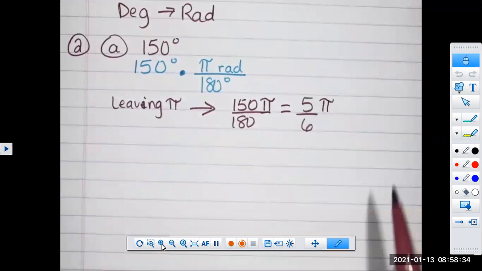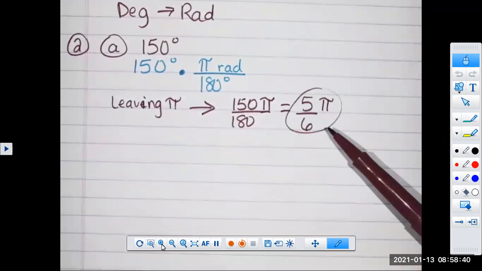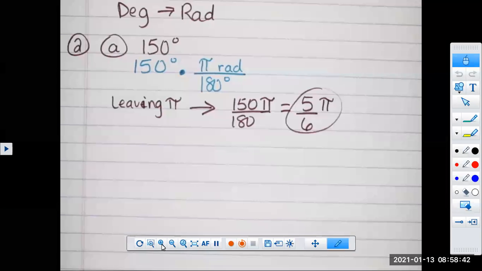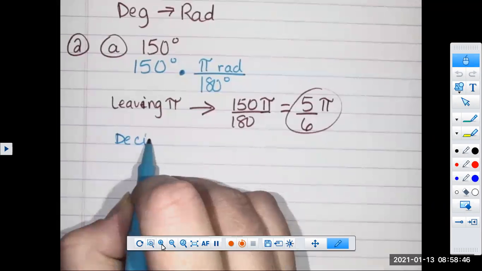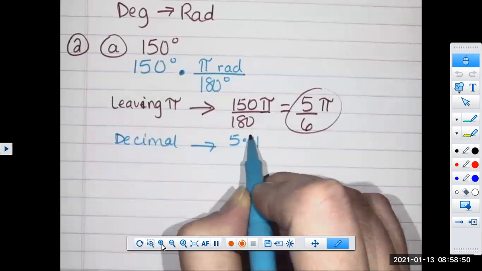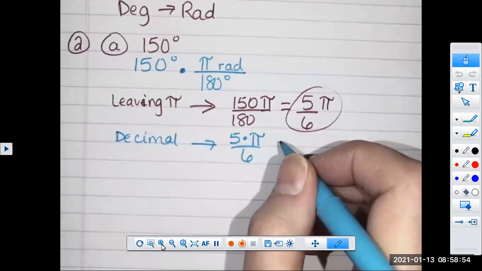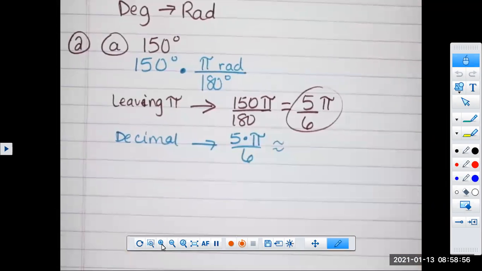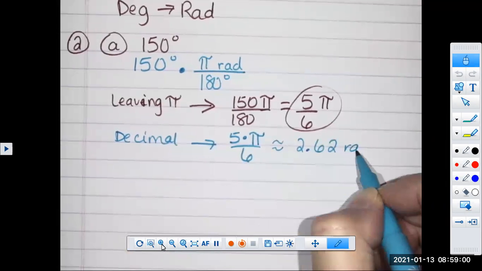There you go. So that's if you leave it in terms of pi, and this is the way you'll see it. 5/6 pi. If they want you to leave it as a decimal, then you will type in 5 times pi in your calculator, divide it by 6, or 5 divided by 6 times pi, either way, and you get approximately 2.62 radians.